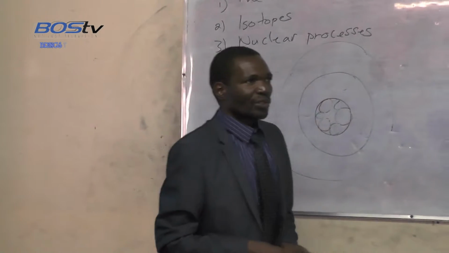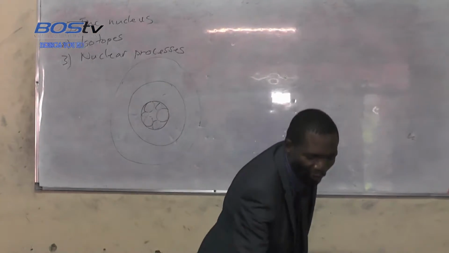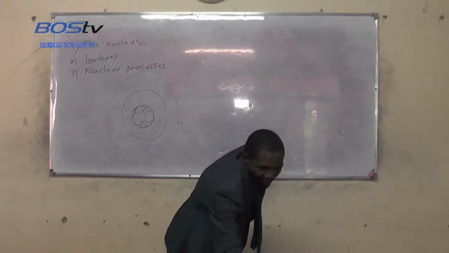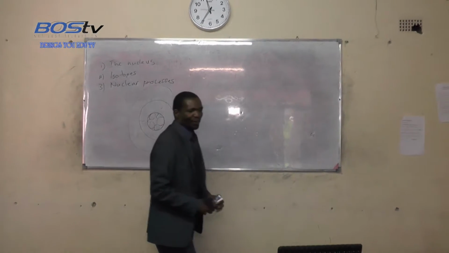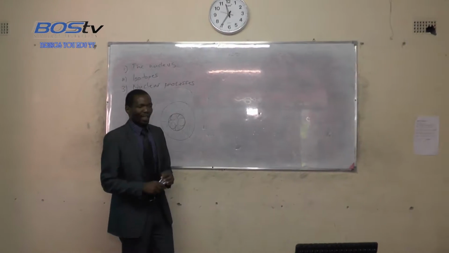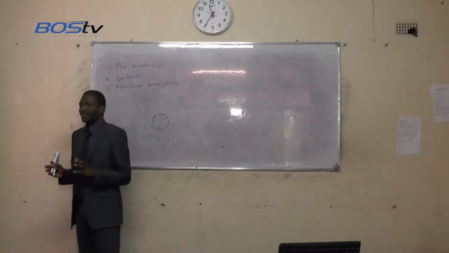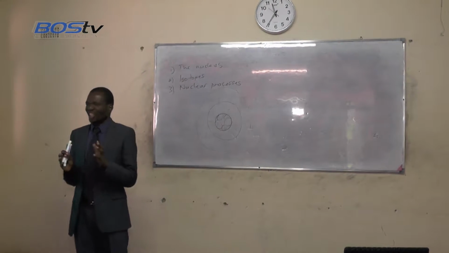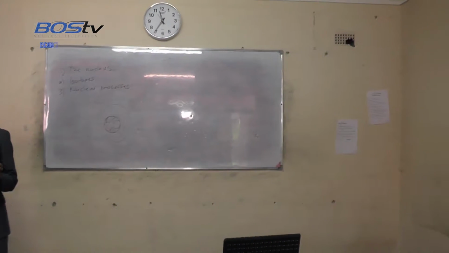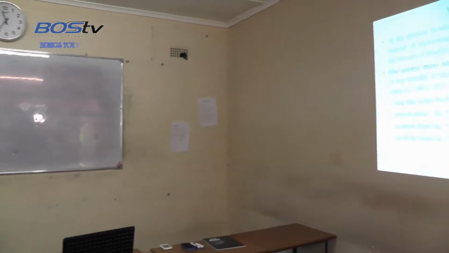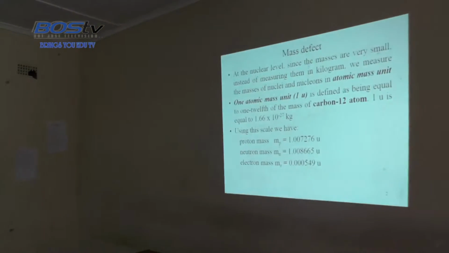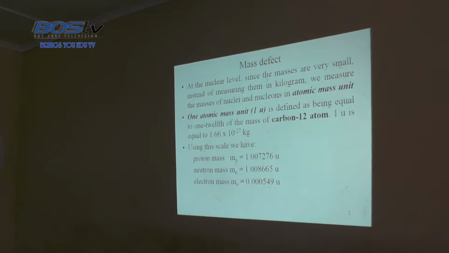Right. So let's move on. By definition now, we are saying mass defect is the change in mass, it could be the change as we are moving from reactants to products.